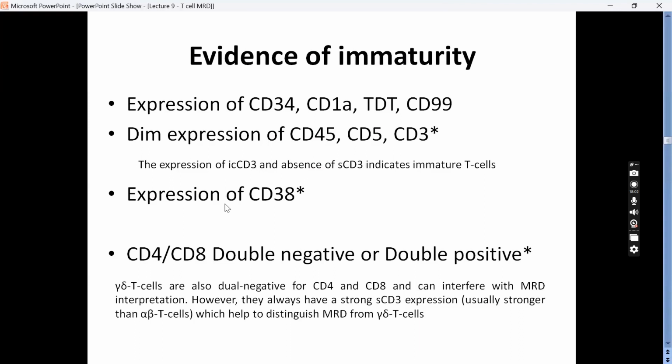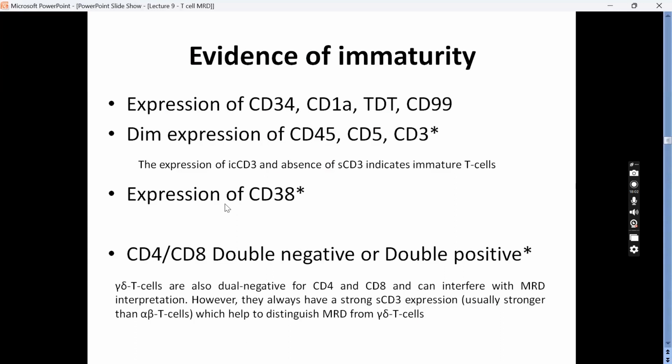CD45 is dim in prothymocytes and slowly becomes bright in mature T cells. CD34 will be expressed in the very, very early T cells. So if you find any CD34 positive T cells in the bone marrow, you can call it residual disease with eyes shut.